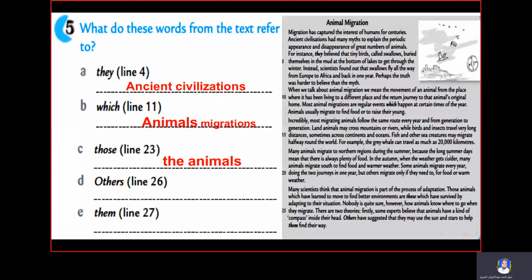Firstly, some experts believe that animals have a kind of compass inside their heads. Others have suggested that. Who suggests that? Experts. Them. Others have suggested that they may use the sun and stars to help them find their way. Who are them? Yes, the animals.